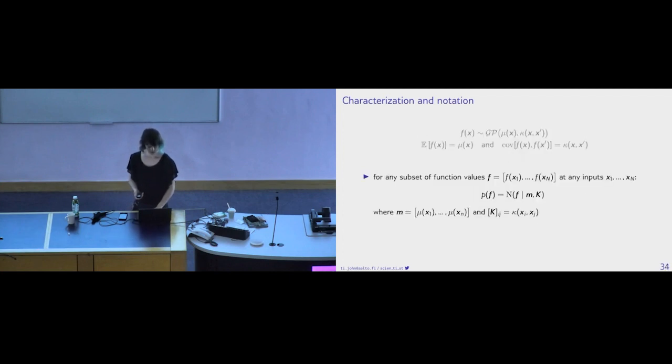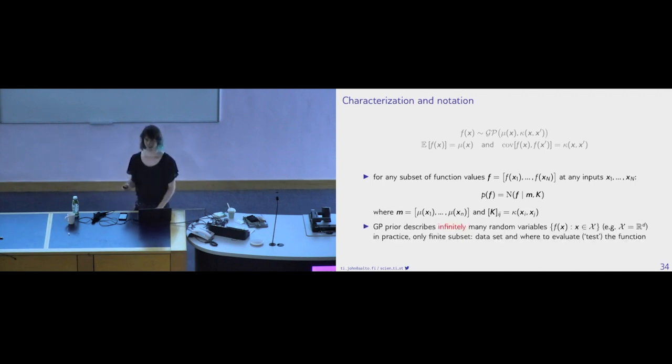And then this is just the maths for going back from the infinite dimensional distribution over functions to the vector of function values at some finite subset. That's just the multivariate Gaussian where the mean vector is the mean function evaluated at your points, and the covariance matrix is the covariance function evaluated at your points. This is how we get a distribution over infinitely many random variables all at once.